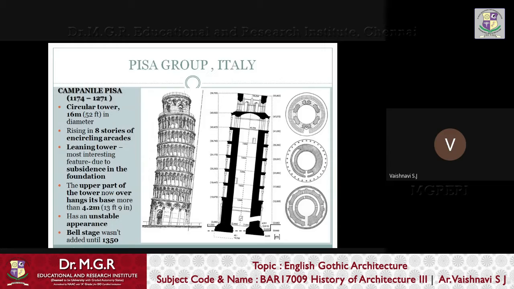And when you see the structure, it looks like it's unstable. Even now they fear to go up, but still they are going up. And then they added a stage called the Bell Stage after 1350. You can see the period of construction, that is 1174 to 1271. These are the plans at various levels.